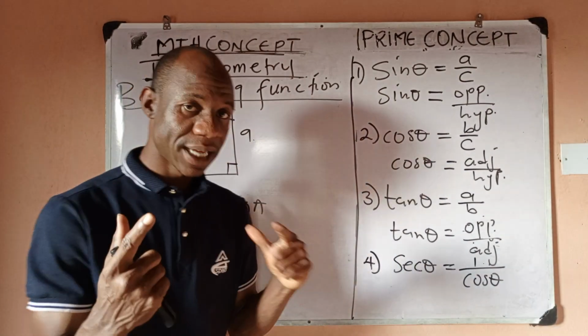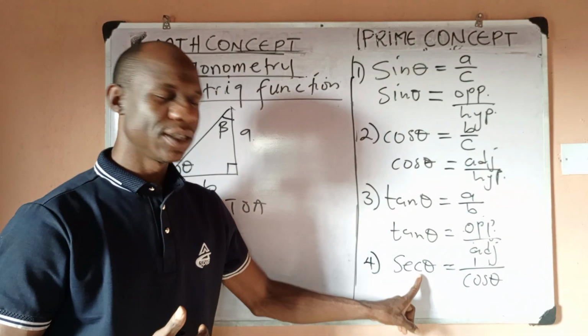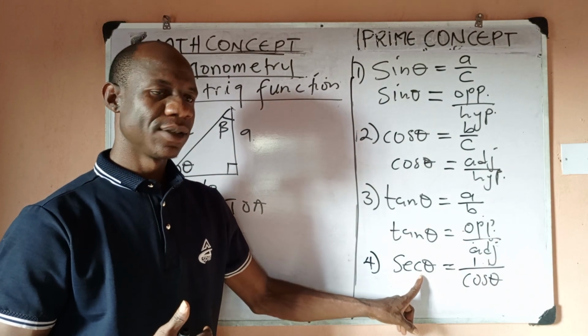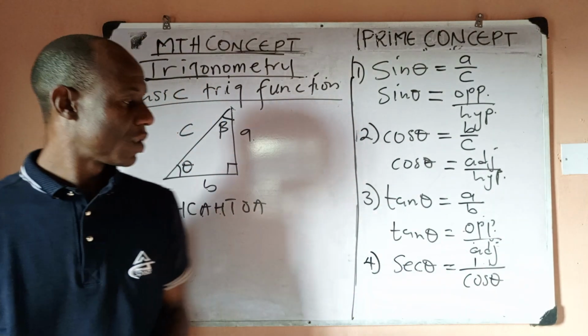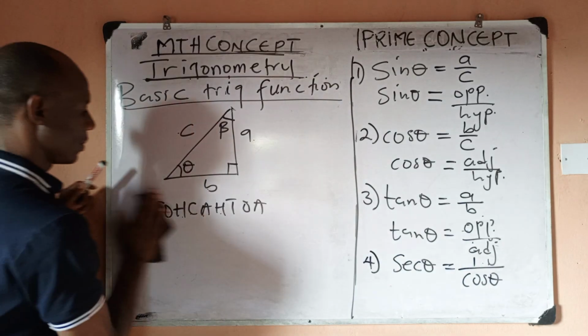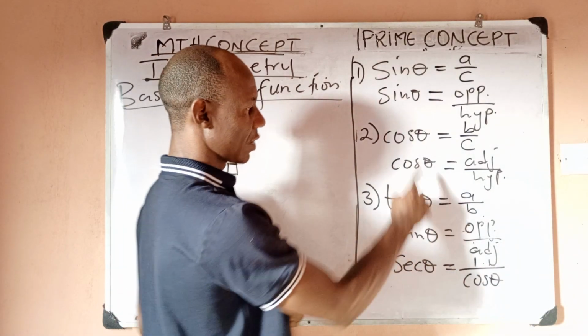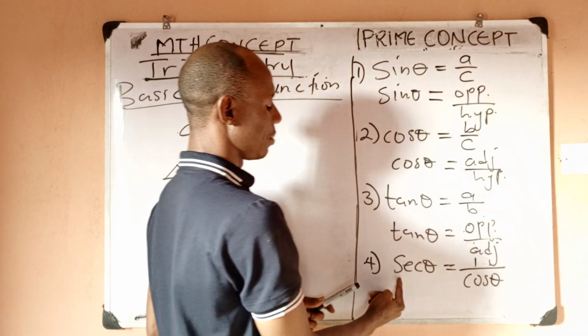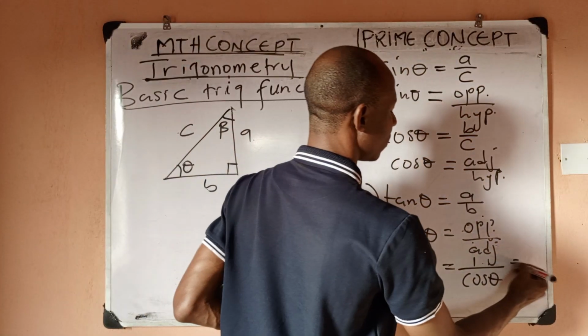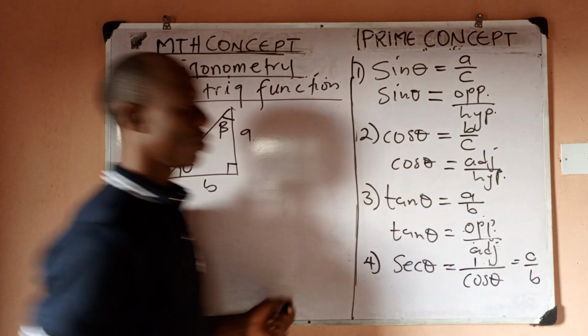And how do you remember it? Just use this C to remember. Sec, so 1 over cos, right? Of course, we can still get the identity. Since cos is B over C, it means that sec is simply going to be C over B. You should know it, right?